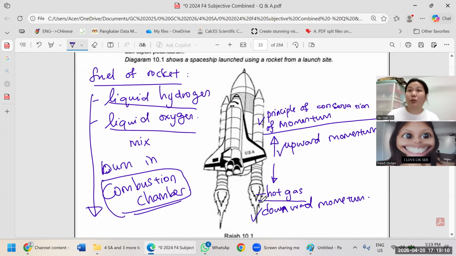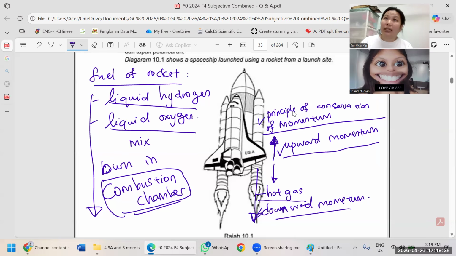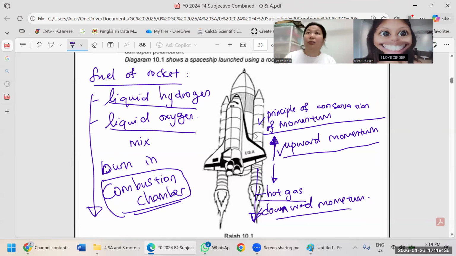The hot gas will produce downward momentum. At the same time, the rocket produces upward momentum. According to the principle of conservation of momentum, total momentum before equals total momentum after. Then it goes up.